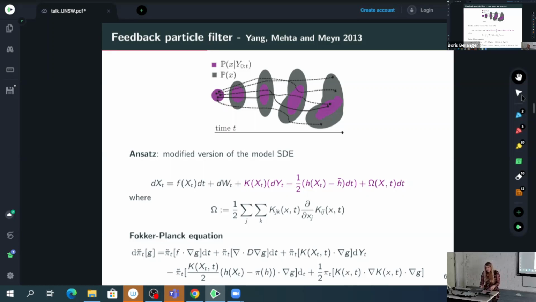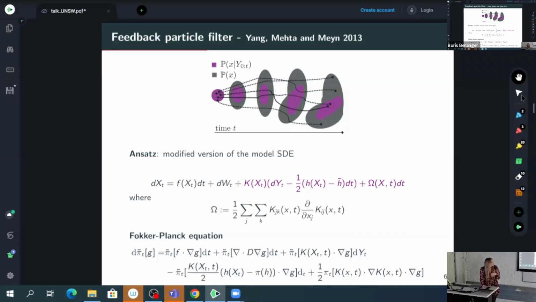So the idea of moving them towards the observations is then supposed to help circumvent this whole problem of the high dimensions. So what you want to have is something similar to what we had before. You want to modify the evolution equation with such a control term where the data is coming in. What you can do then is look at the Fokker-Planck equation of this, which gives you the evolution of the associated density.